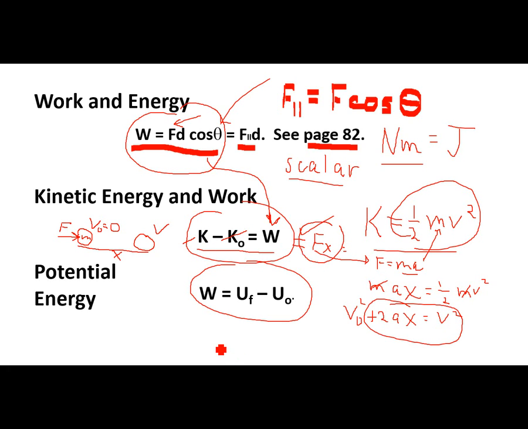Finally, if we simply go up or down and don't have any velocity, it may sound weird, but if you do it slowly, you give the object such a small amount of kinetic energy that we can ignore it. So if we take an object from an original position y0 to a final position y, against the gravitational field that's pointing down, we have to do work on it, don't we?